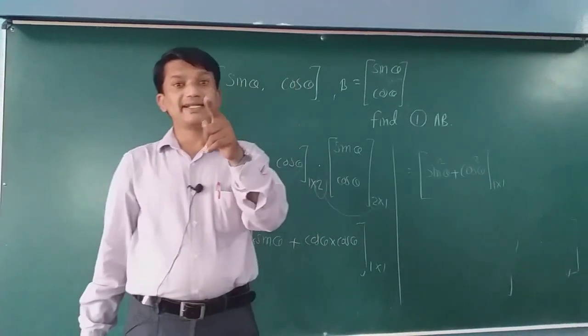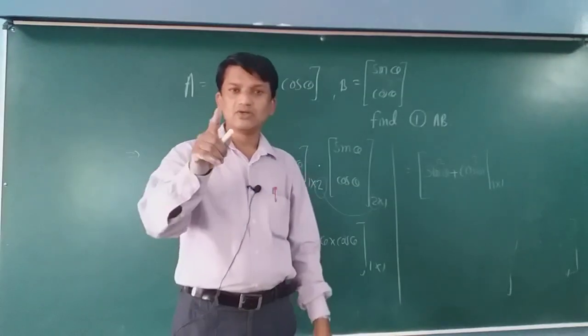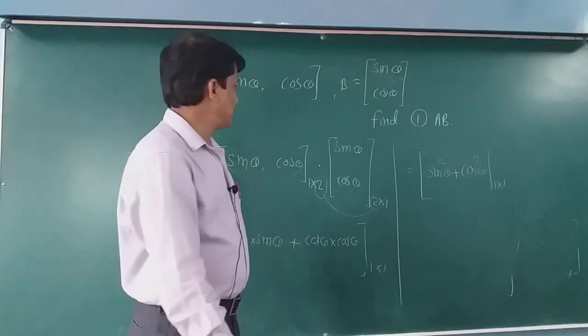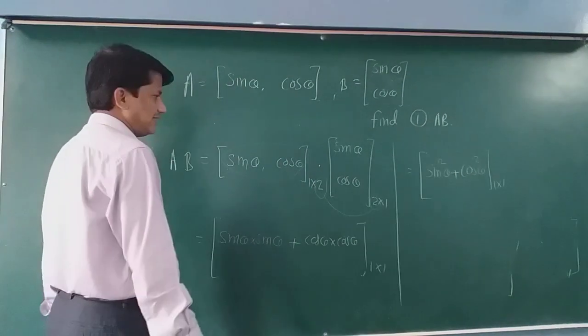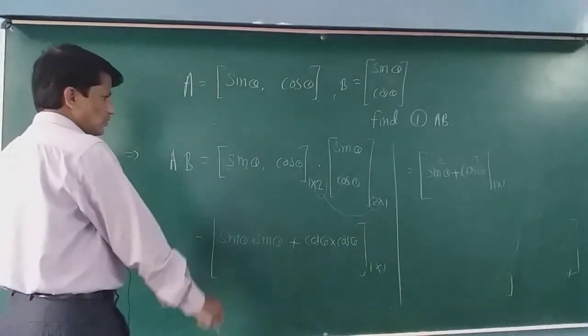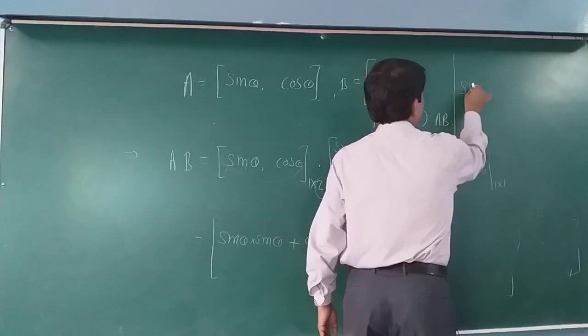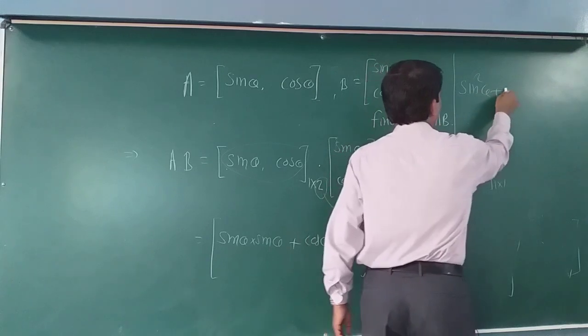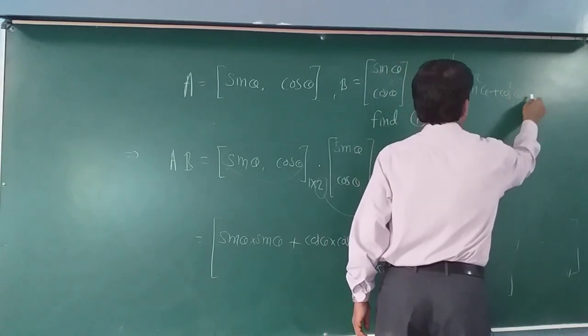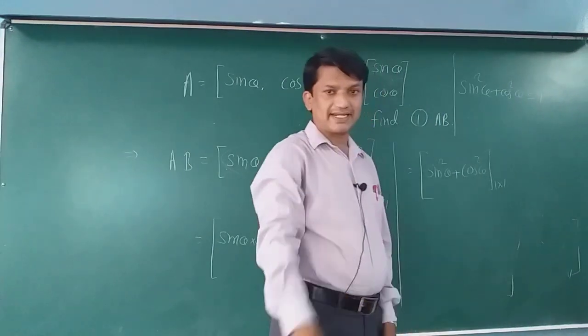In trigonometry we have identities. Which are the identities of trigonometry at school level? We have discussed them. Look here. Sin square theta plus cos square theta is equal to 1. This is the first identity.